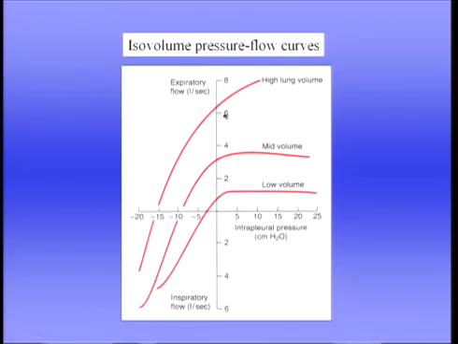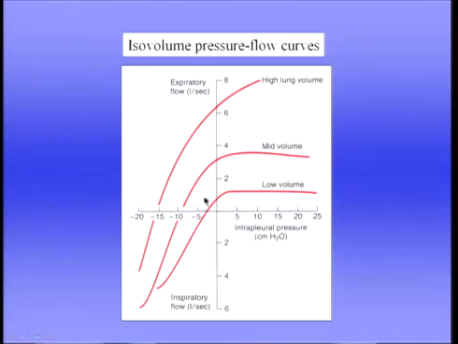These are not single curves like I showed in the previous slide. These are sometimes called isovolume pressure flow curves because they're curves plotted for particular volumes: a high lung volume here, mid volume here, and a low lung volume here.